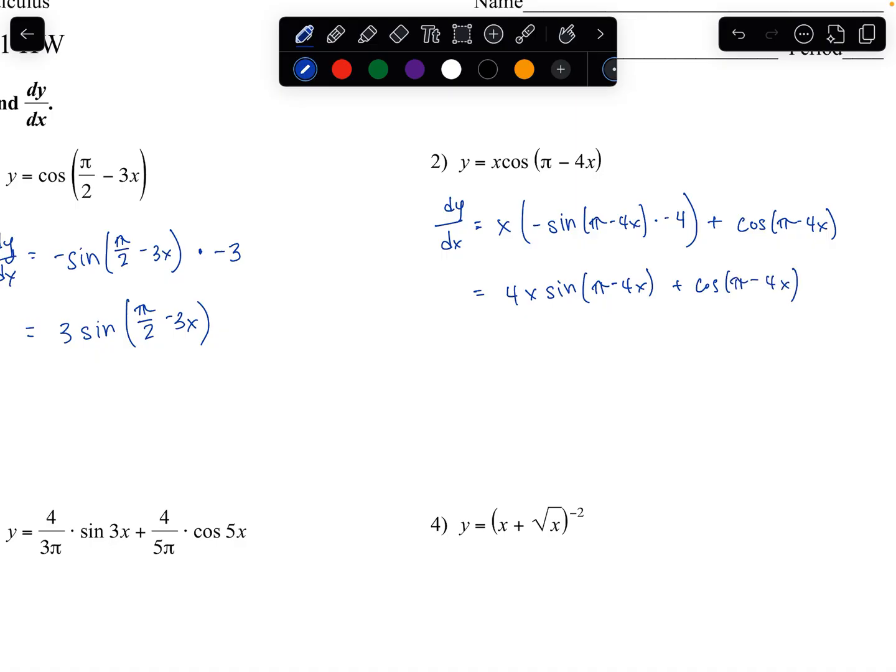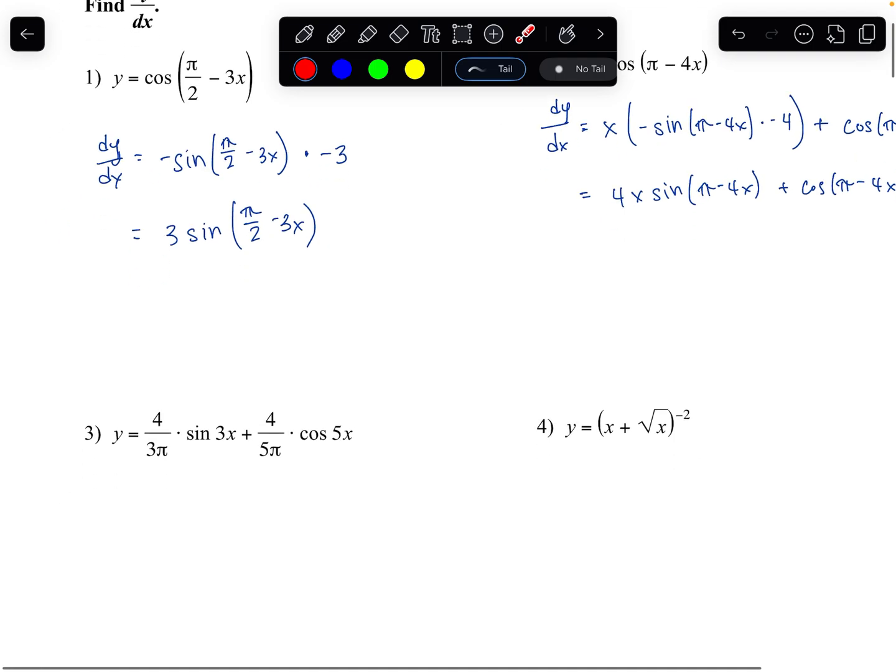As far as simplifying, we all know that you don't have to simplify your derivatives. But if I see that it's not really much of a stretch to go from here to here, I'm probably going to make that simplification. If it's something a little bit more complicated, then I probably won't simplify.